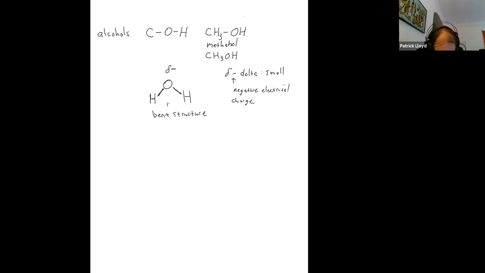Likewise, there's a small positive charge in between the hydrogen atoms, right in the center. And this gives rise to a very interesting electrical property of water. It's called a dipole moment.